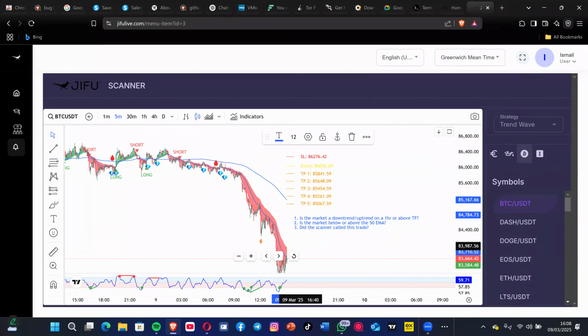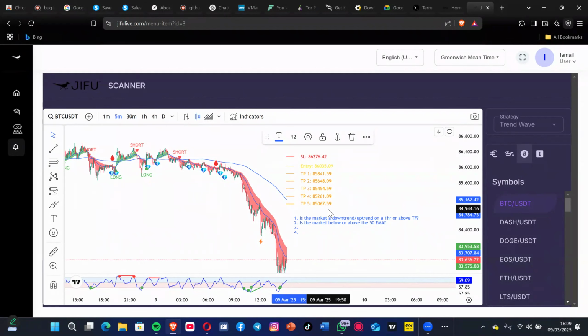Because let me tell you, for the scanner to call this trade, apart from everything you see here, there are other things involved, the volume and all that are embedded in this scanner, which we are not seeing, right? Also, the fourth one, I think I should arrange it. I will arrange it the right way now. This should be the first one. The scanner calling the trade, very important.